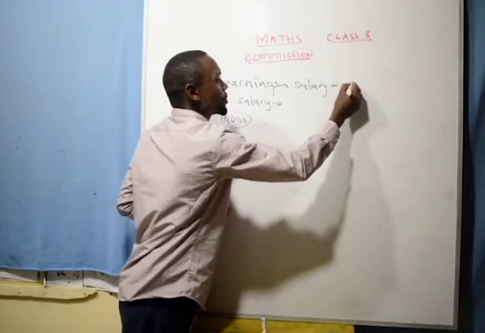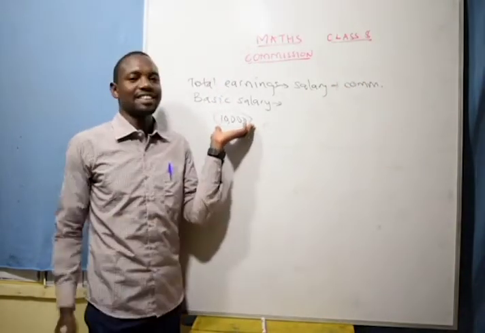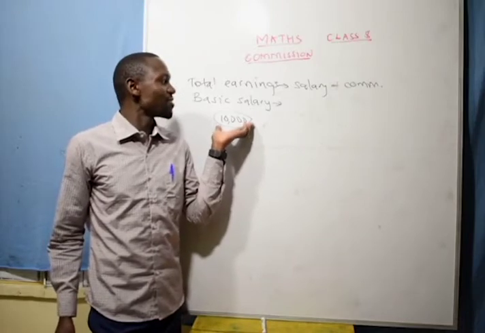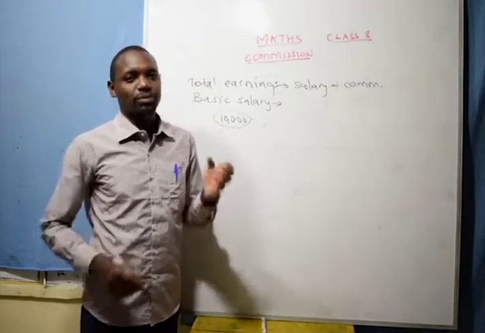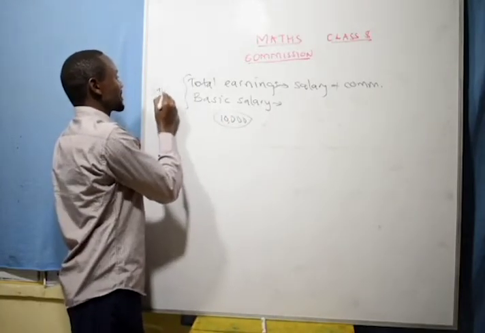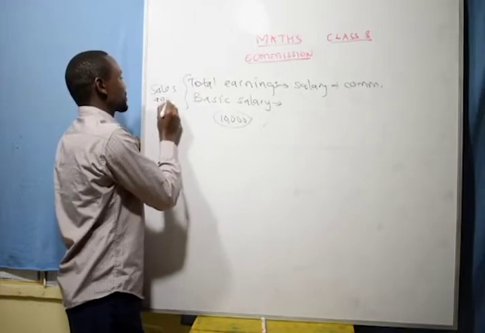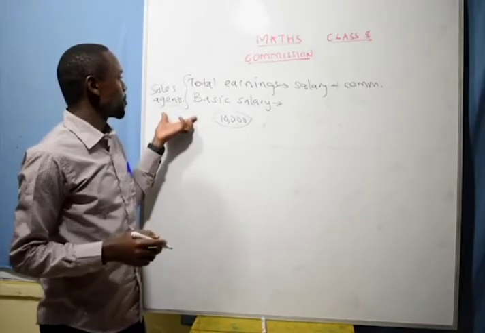For example, you are told your basic salary is 10,000 shillings. At the end of the month, after making some sales, now this is for the sales agents or the salespersons, those people who do marketing.